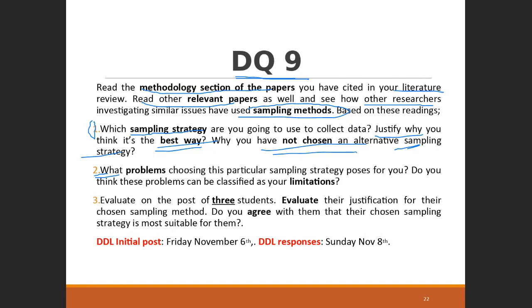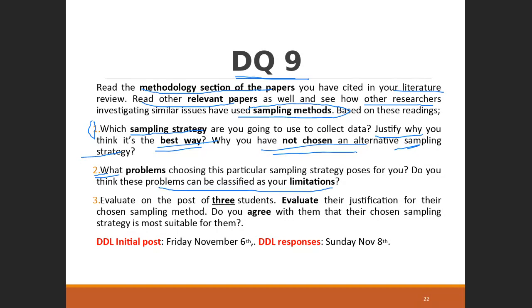Again, if you want to read about sampling strategies in detail, first of all, you can listen to the recording of last week's session, which was about sampling strategies. After listening to the recording, you can also read the chapter in the book. Both the books have a chapter dedicated to sampling strategy. They will give you more information. You will see that there are different problems for each sampling strategy which we have discussed. So do you think that these problems can be classified as limitations?